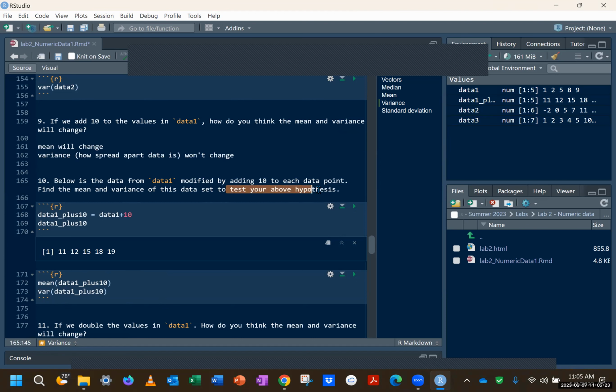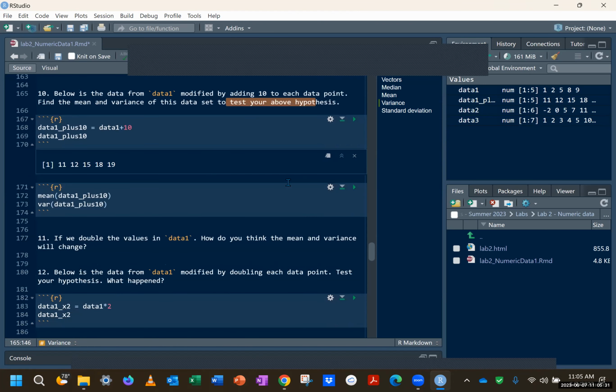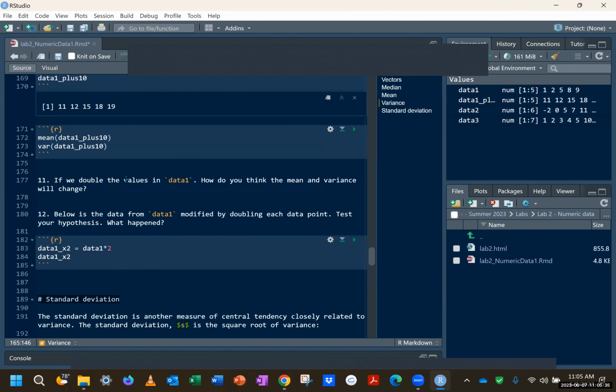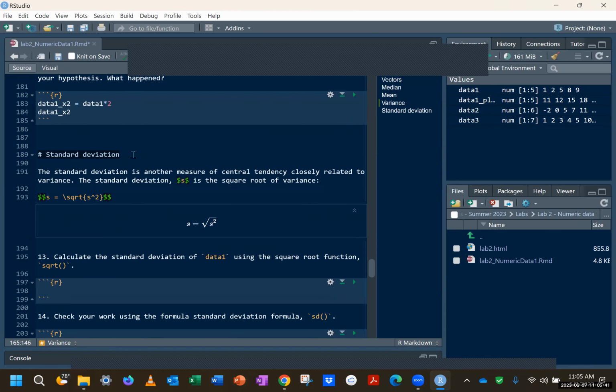And test whether it matches. So this kind of exploration will help you understand better what these concepts are doing. So finish these 9 through 12, and you can definitely pause the video. Please keep pausing it. And when you're ready, we can look at the standard deviation.